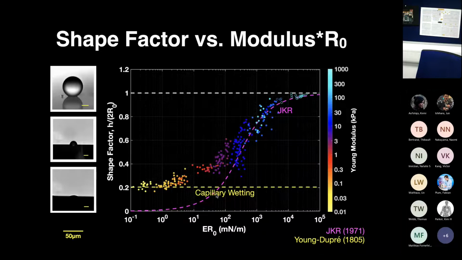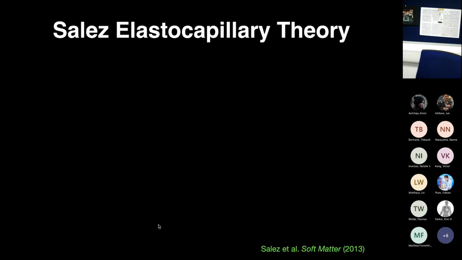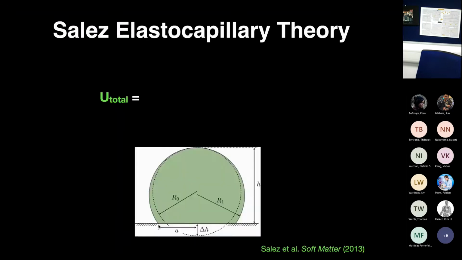So, putting this together, the Tom Salad elastocapillary theory that I mentioned before did exactly this with an energy balance. What we want to do now is try to put these together theoretically, starting with that theory, which isn't the right geometry but maybe captures some of the key ideas.